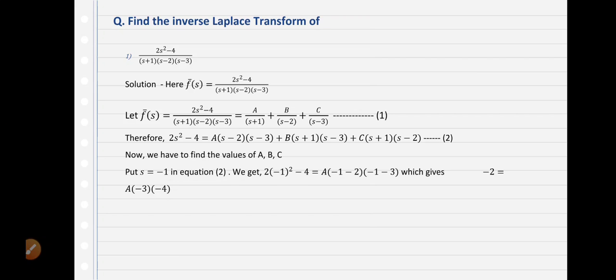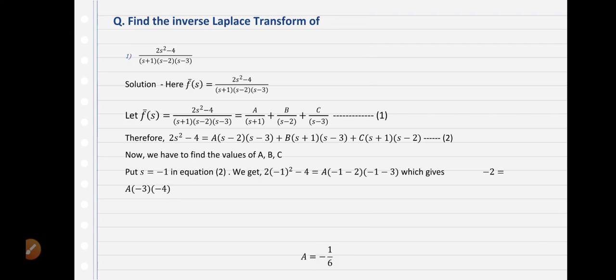I have intentionally not written the remaining two terms involving capital B and capital C, because for s equal to minus 1, due to the s plus 1 factor, the remaining two terms are surely going to be 0. So no need to put s equal to minus 1 in the second and third terms of equation 2. On solving this, we get minus 2 equal to A into minus 3 into minus 4.